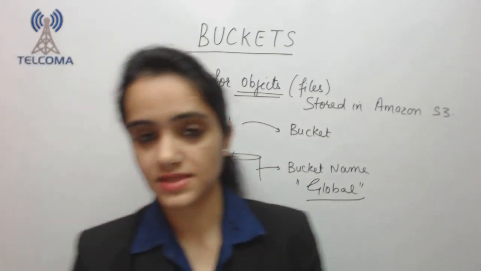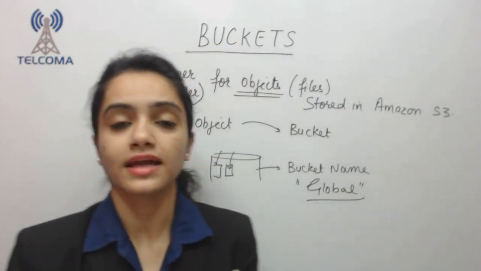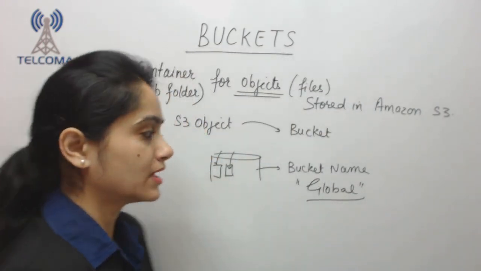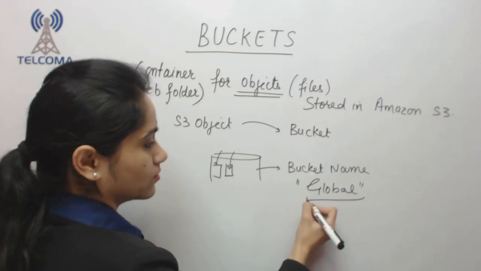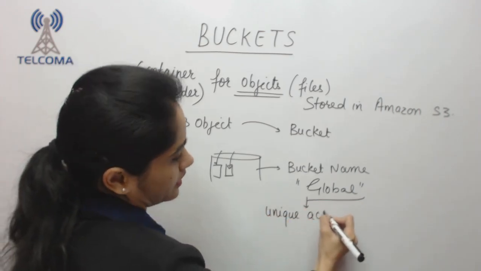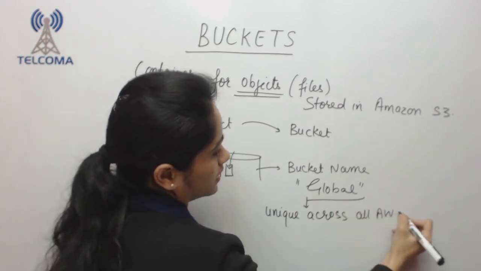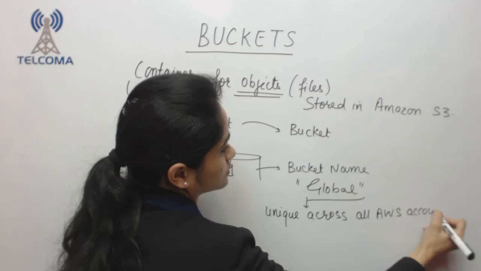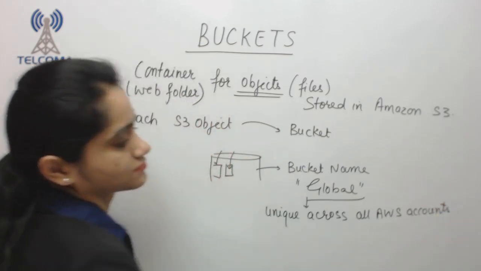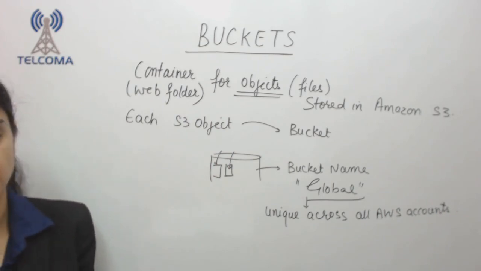Now the bucket name is unique across all AWS accounts, like our domain name server. So this should be global and unique across all AWS accounts.